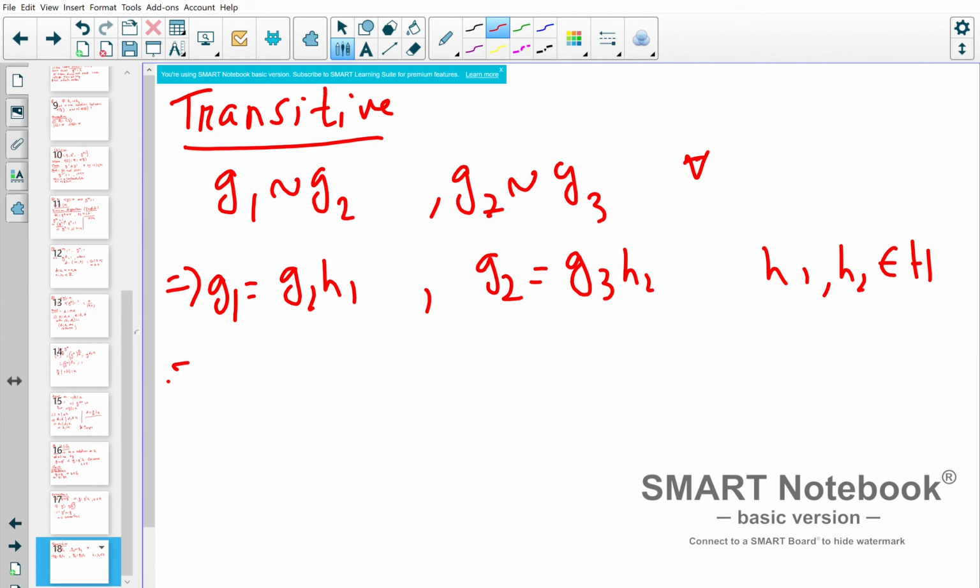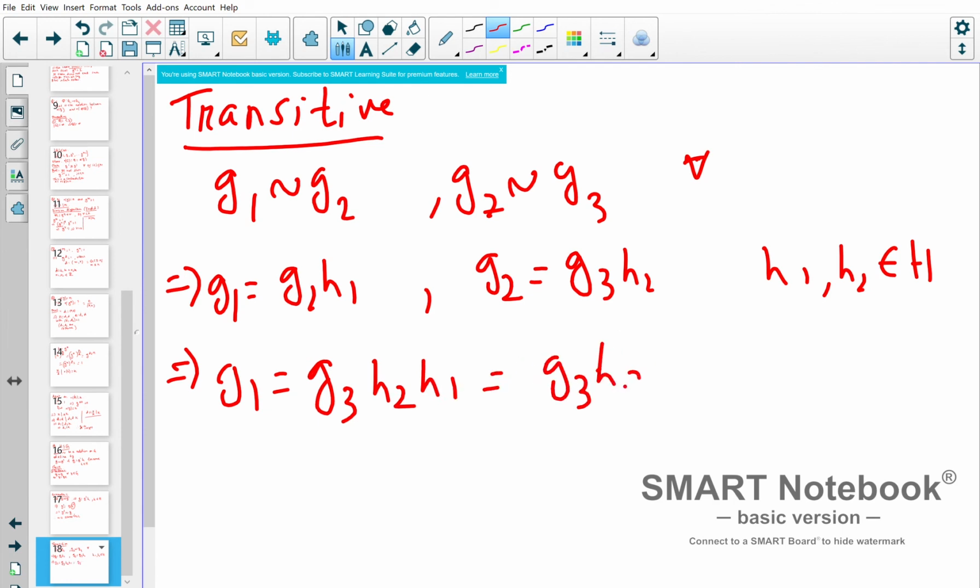If you club these two things, you will have G1 equal to G2 H1, but G2 equal to G3 H2, so it will be nothing but G3 H2 H1, right? This is G3 H3, where H3 equal to H2 H1 is again an element of H. Obviously this implies that tilde is transitive.